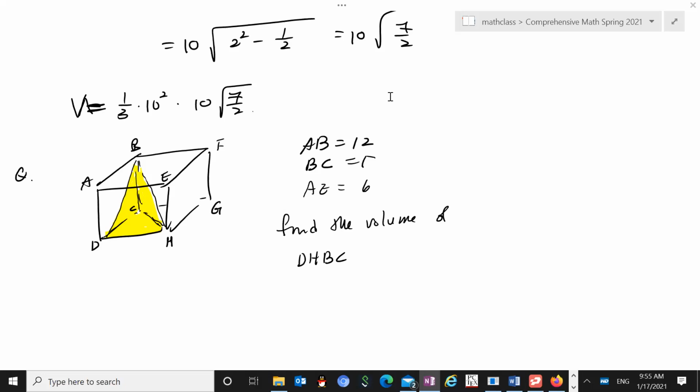What is the base area? What is the base? This is a base. What is the height? BC is the height.